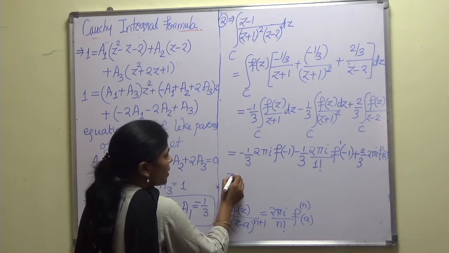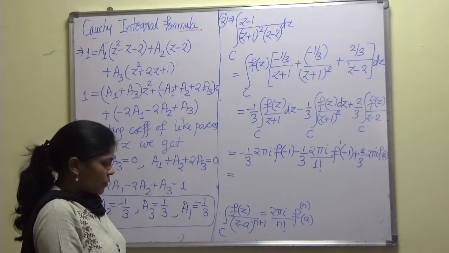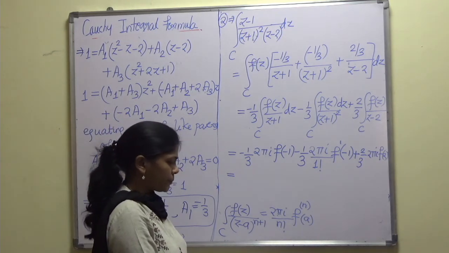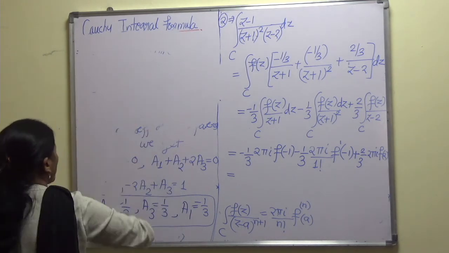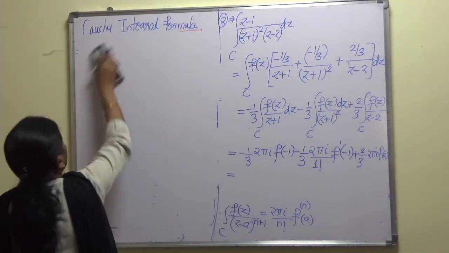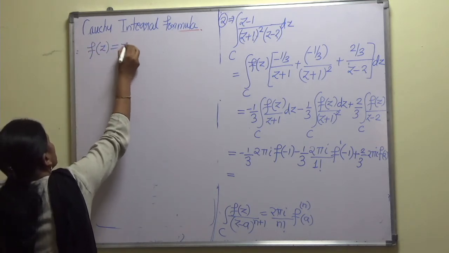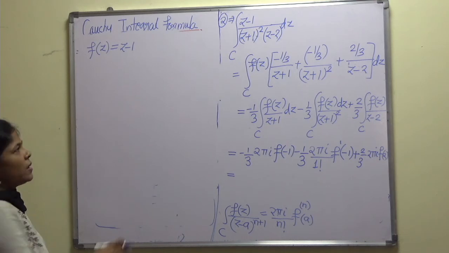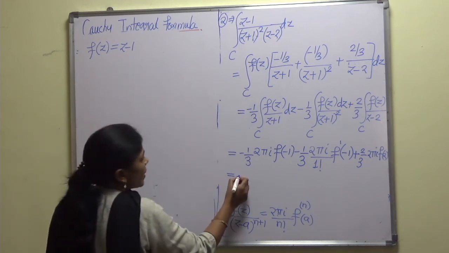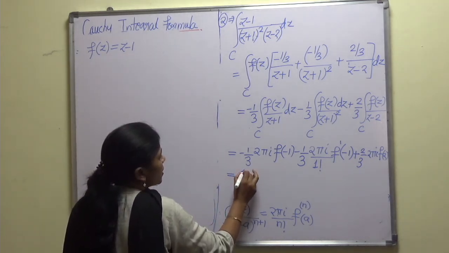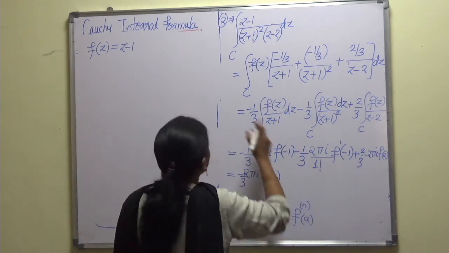Simplify, find out f of minus 1 by making use of equation number 1. Recall equation 1: f of z equals z minus 1. In this you put z as minus 1, so minus 1 it will be minus 2. Then differentiate this one.